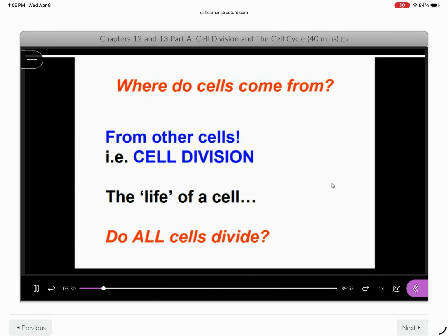They once divided, and that's what led to our having so many neurons. We have billions of neurons, but they no longer divide, right? So we have to qualify, or at least recognize, that all cells do not divide. Some do, but not all. However, all cells were produced by cell division.